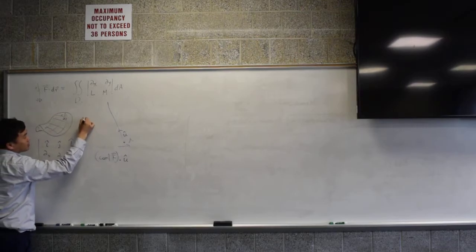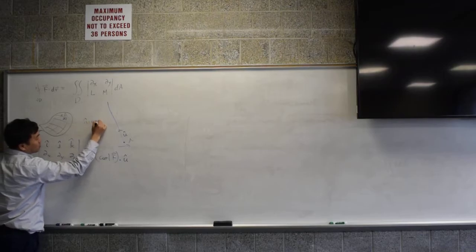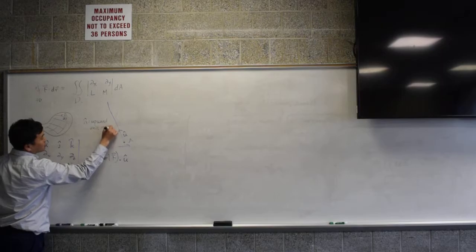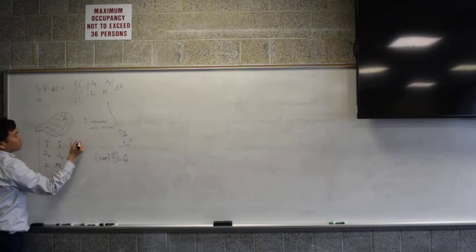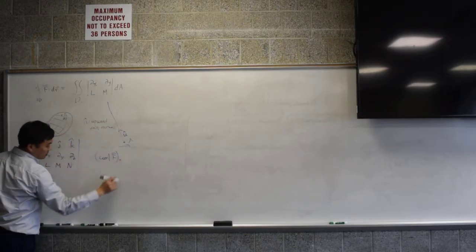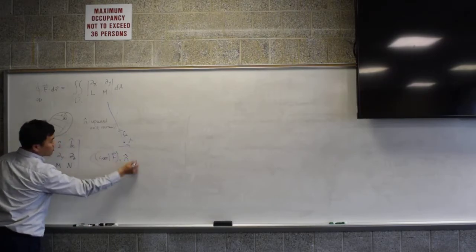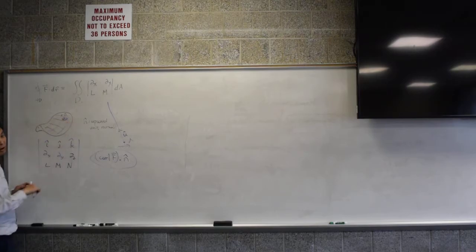So n is now an upward unit normal vector. And if you take the curl and dot it with the upward unit normal, you get the rotation of the vector field around this small point.